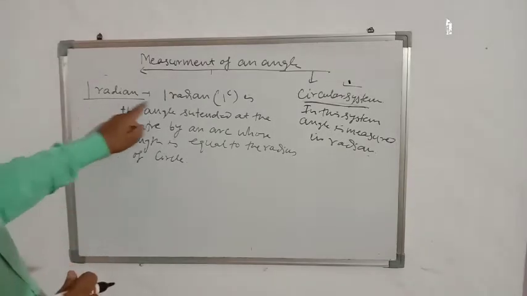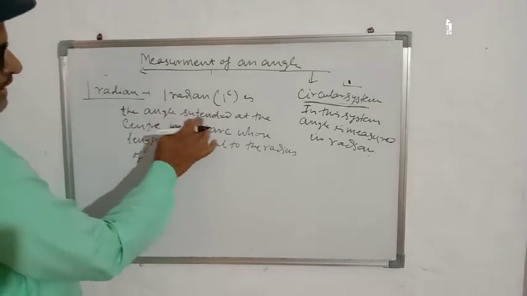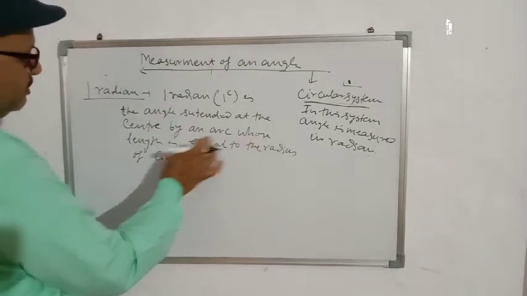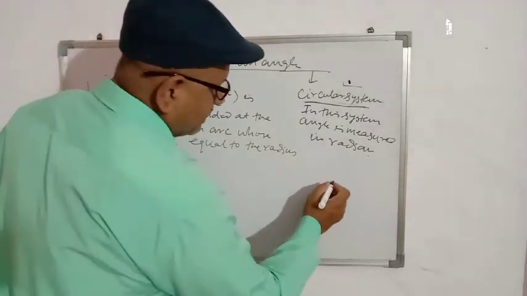So see the definition of radian. What is 1 radian? 1 radian is the angle subtended at the center by an arc whose length is equal to the radius of circle.